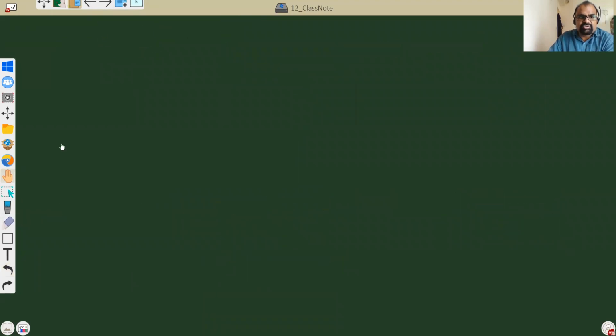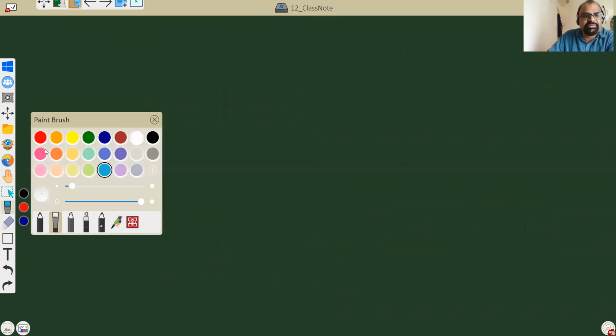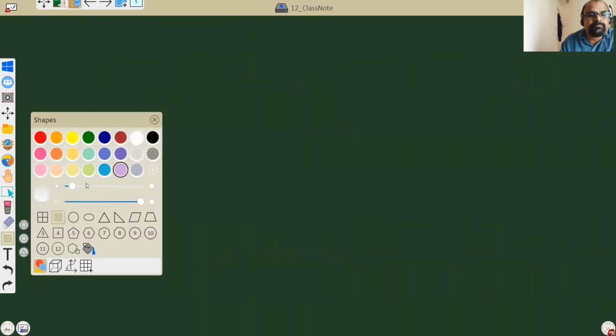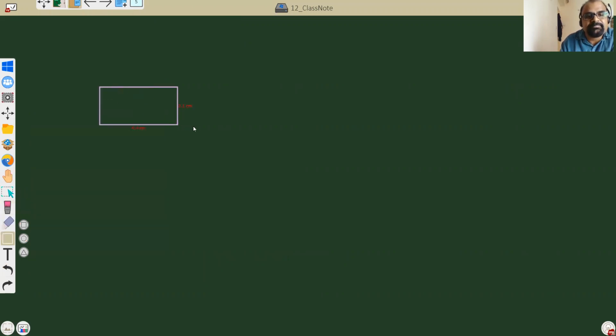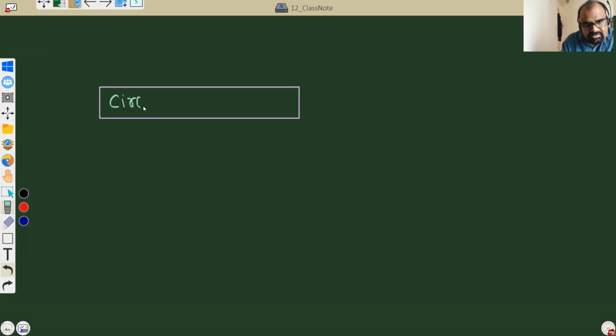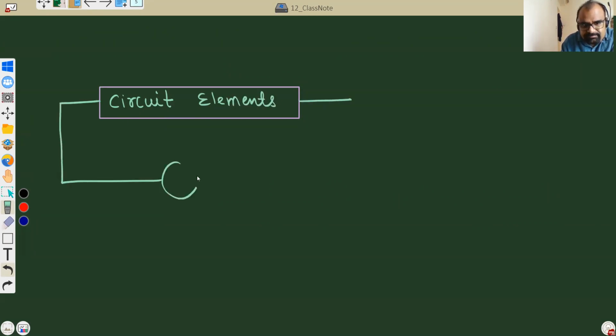Okay. So here, one very important point. I will draw that diagram once more, the diagram where we have circuit elements inside this box, and then we have this AC source.